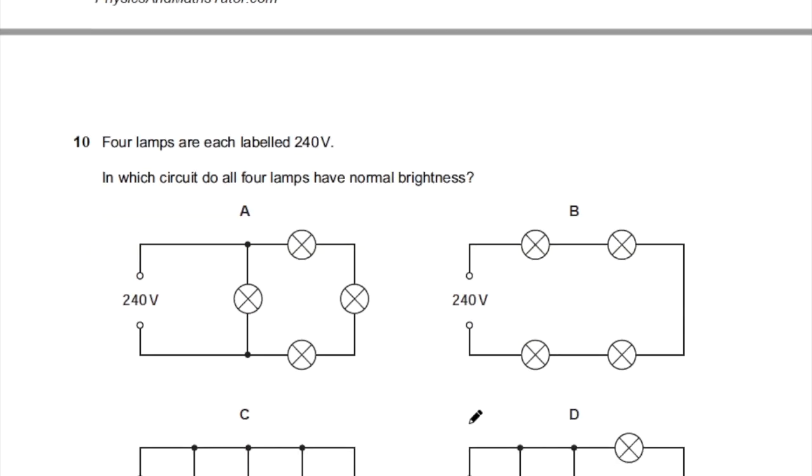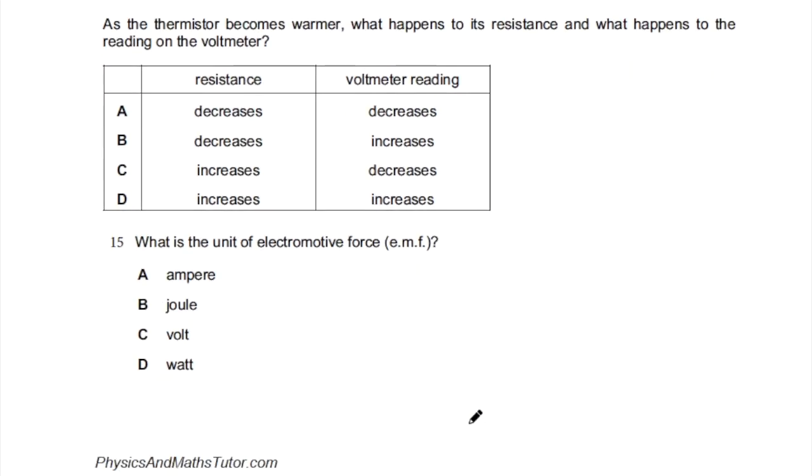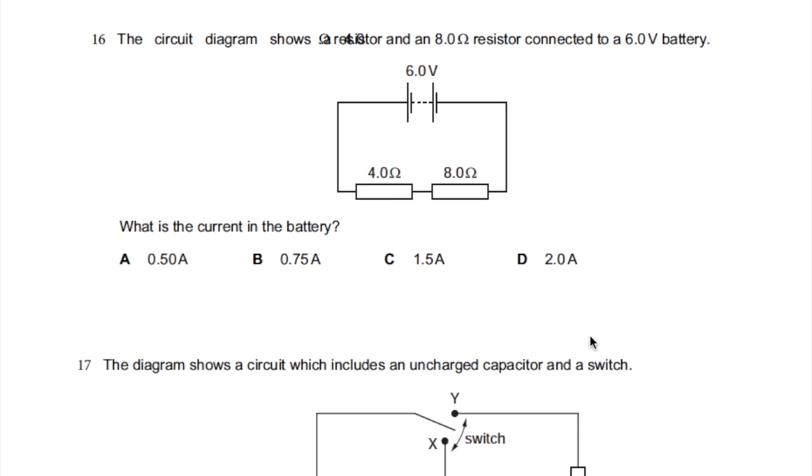One more MCQ we can quickly go through and then move on. Question number 16. The circuit diagram shows a 4 ohm resistor and an 8 ohm resistor connected to a 6 volt battery. What is the current in the battery?